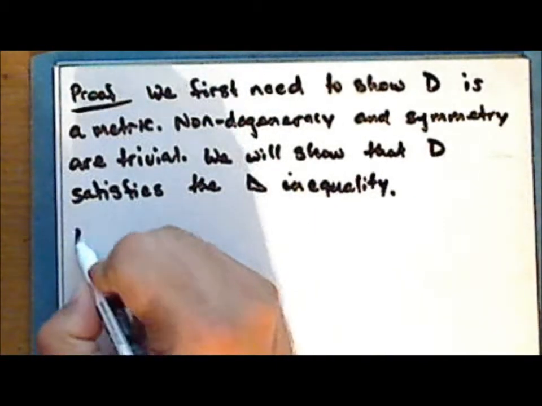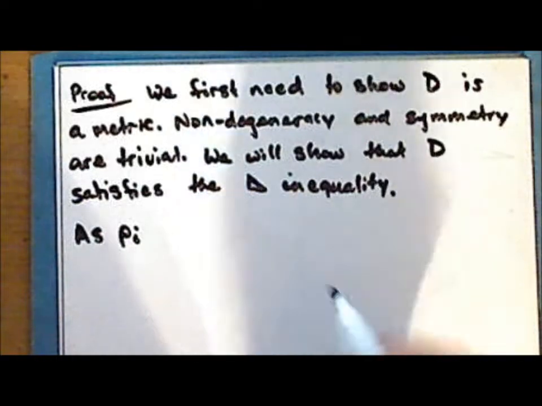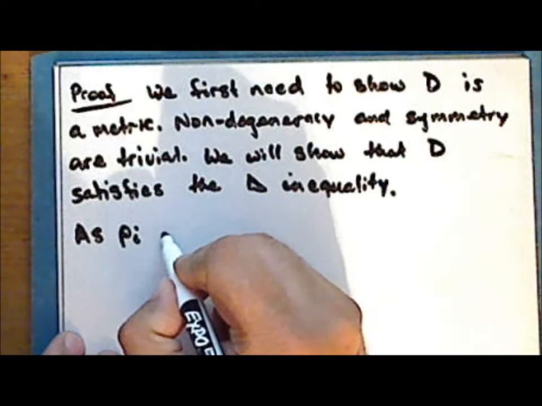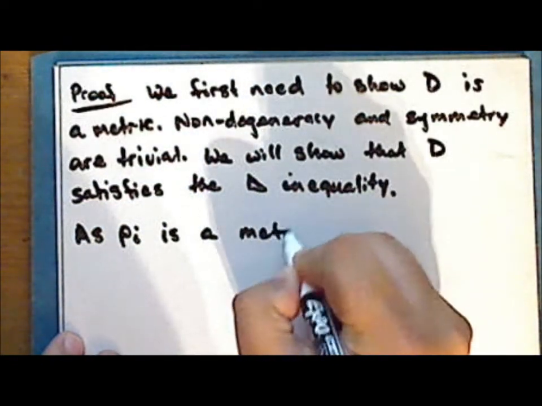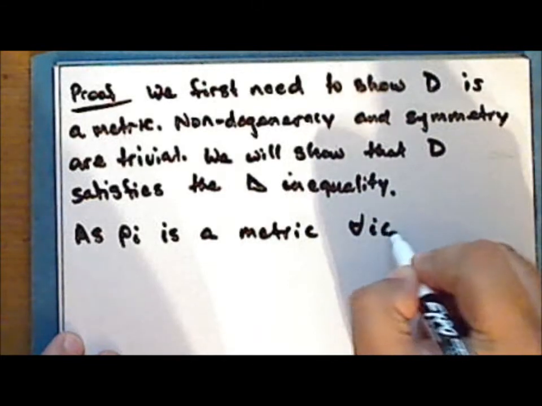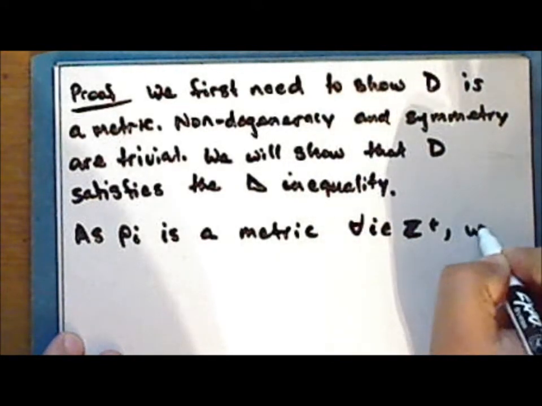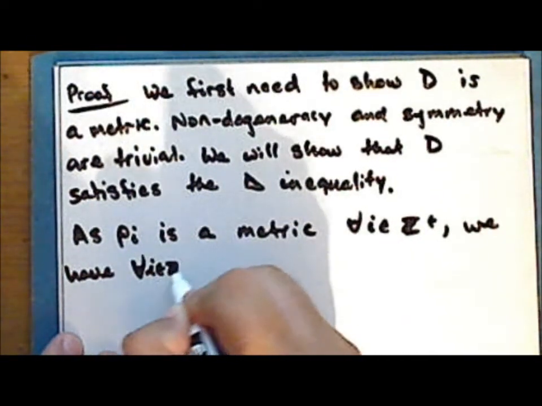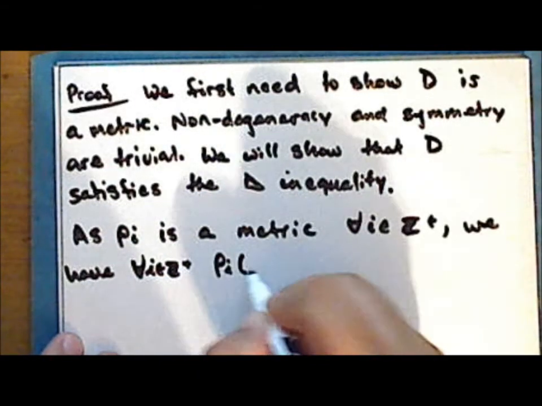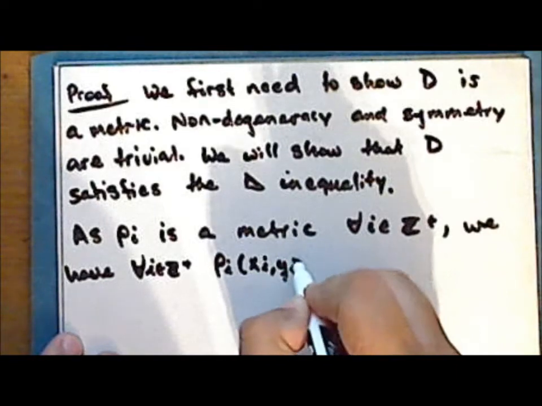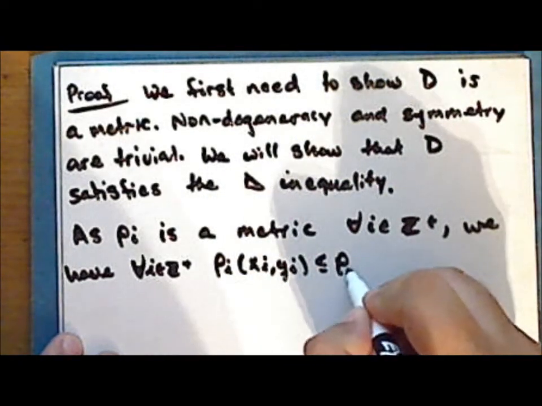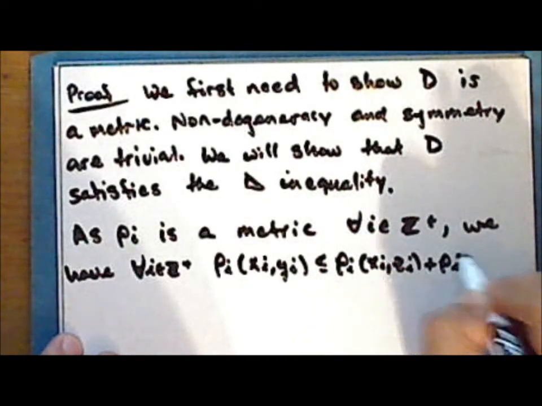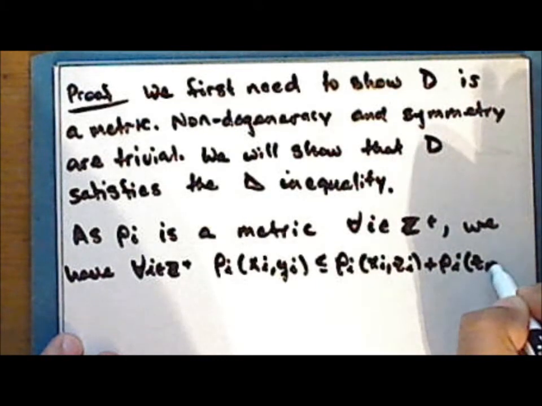Now, as each function rho_i is the standard bounded metric for the underlying space X_i, as each rho_i is a metric, we have for every index i in the set of positive integers that rho_i of x_i, y_i is less than or equal to rho_i of x_i, z_i plus rho_i from z_i to y_i.